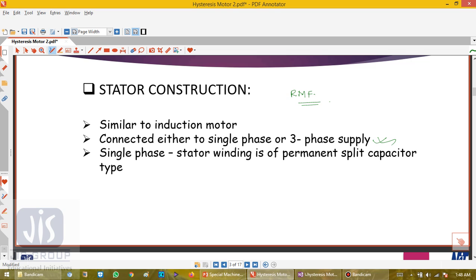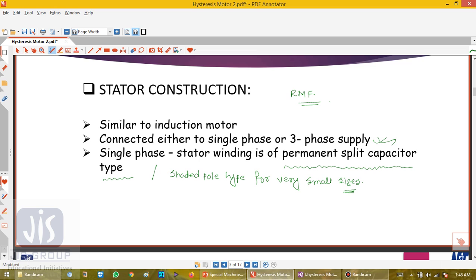For a single-phase hysteresis motor, the stator winding is of the permanent split capacitor type, or it can be of the shaded pole type for very small sizes.